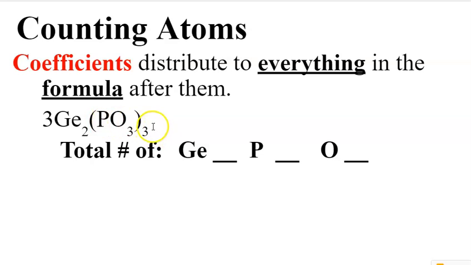But then I also need to distribute this 3. So it's going to say 3 times 3. So I have 6 germaniums. I have 9 phosphorus. And then I have to say, again, for my oxygens, I've got 3 times 3, which is 9, times 3 again. So 27. So make sure you distribute.